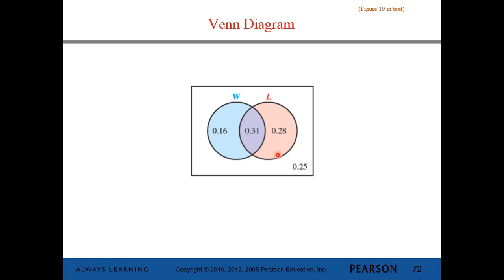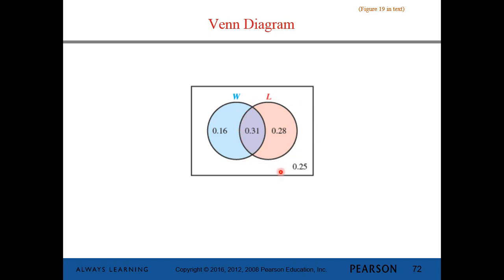Well, it's going to be the complement of 0.59, so it's going to be 0.61. Okay, so the probability of being the correct size is 0.53, and the probability of not being loud is 0.61.